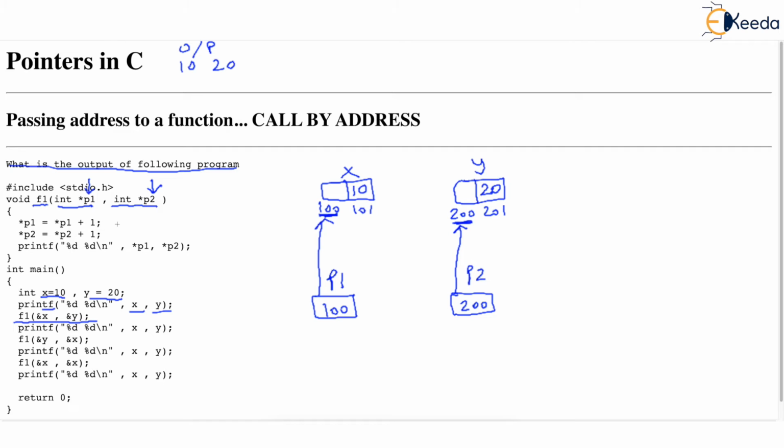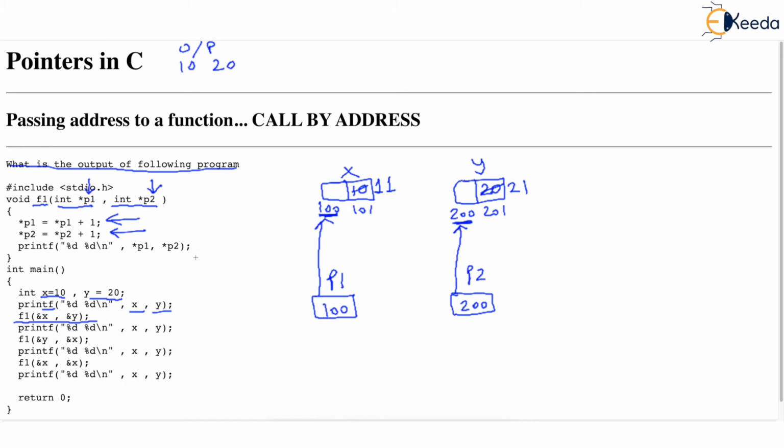So what you understand on reading the line inside the function is, if we are incrementing asterisk p1 by 1, then we are incrementing x by 1. So x becomes 11. And if we are incrementing asterisk p2 by 1, then it means that y is getting incremented by 1.